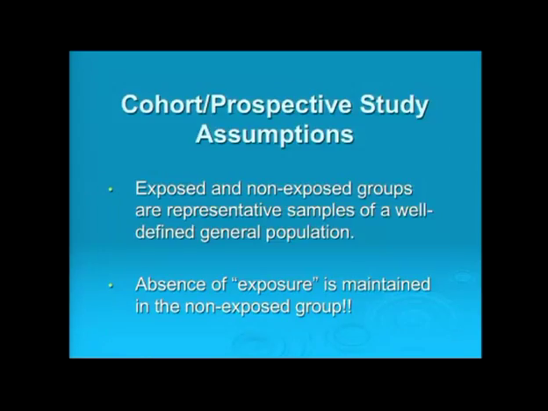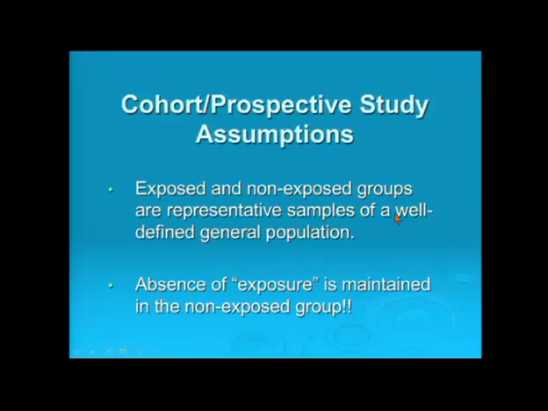All right, so what are the assumptions in setting up a study this way? Well, there's two major assumptions. The first is that the exposed and unexposed group are both representative samples of the general population that you want to study. So again, if all my patients are African American, the only thing I can represent or generalize to is an African American population.